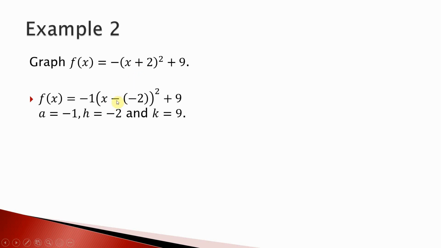You have to have minus something, but here you have plus 2, so you have to rewrite it so that h is negative 2, because in standard form it is x minus h. To find h, write it as x minus something, and then you can identify h. So h is negative 2 and k is 9.